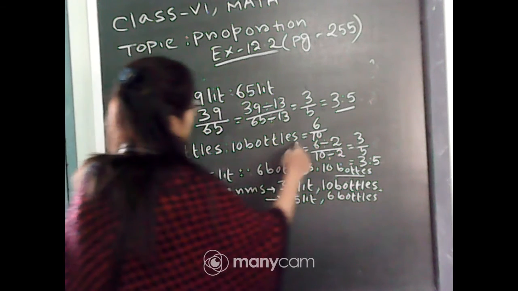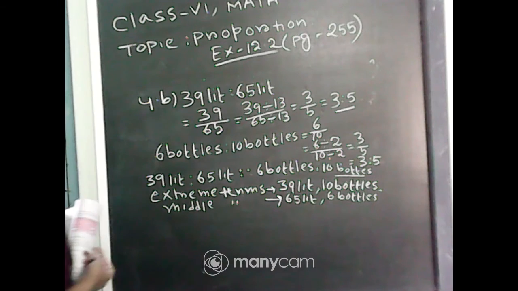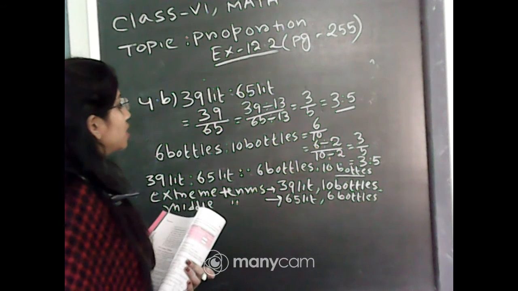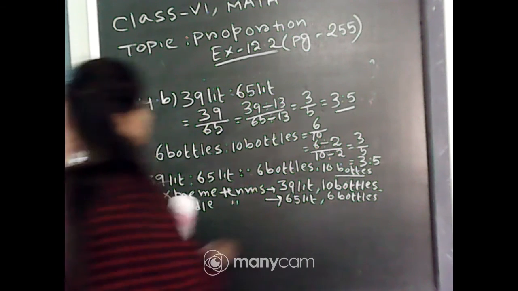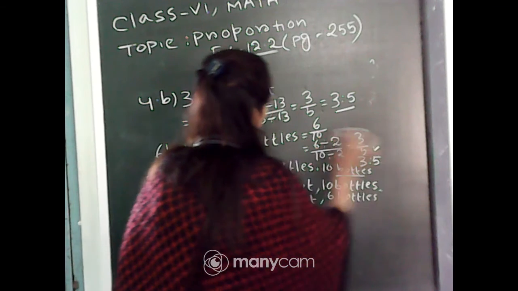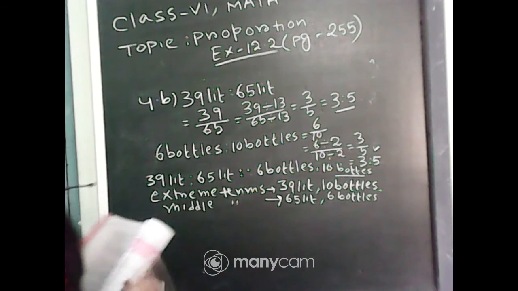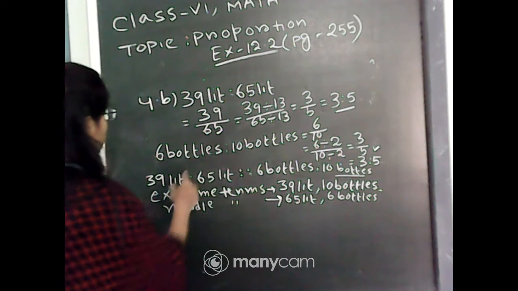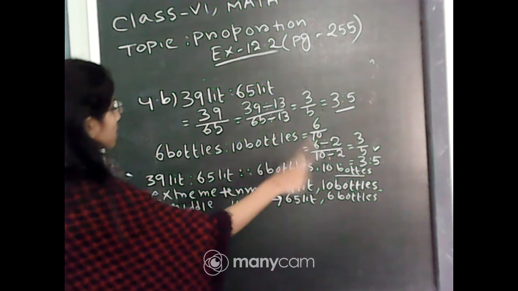Again we find the ratio 6 bottles is to 10 bottles, and this is equal to 6 divided by 10. Now HCF of 6 and 10 is 2. Therefore, we divide both the numerator and the denominator by 2, and we get the ratio 3:5. Here both the ratios are equal, so the ratios form a proportion, that is 39 liter is to 65 liter as 6 bottles is to 10 bottles.